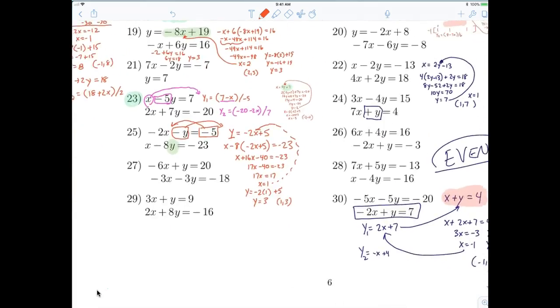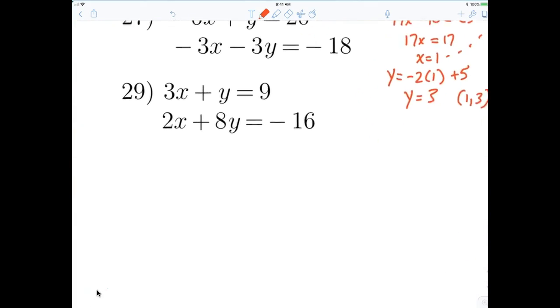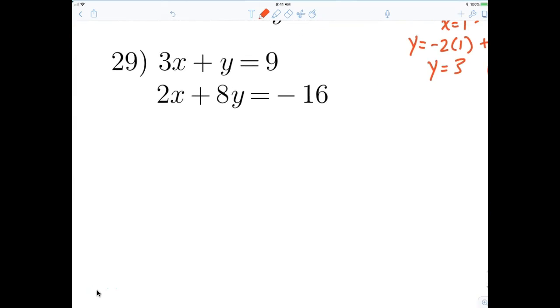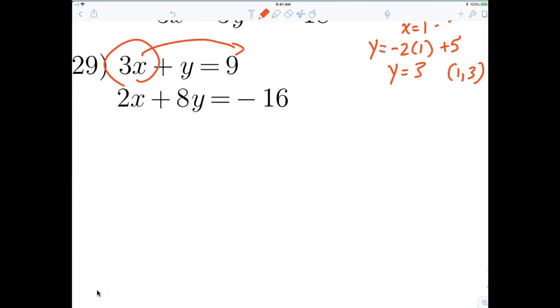All right, let's take a look at 29. Last one. All right, then we got to go with today. You'll see today is nice and easy. So for 29, first of all, it's easier to just throw the 3x over, right? So we're going to say y equals negative 3x plus 9. Is everybody happy with that?